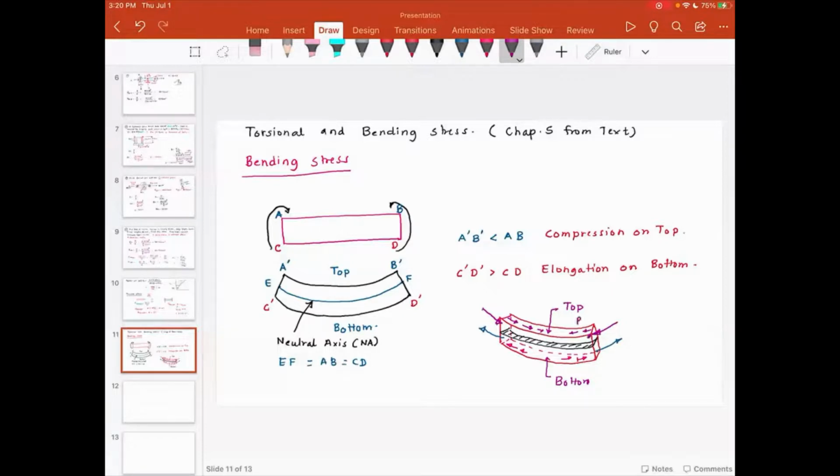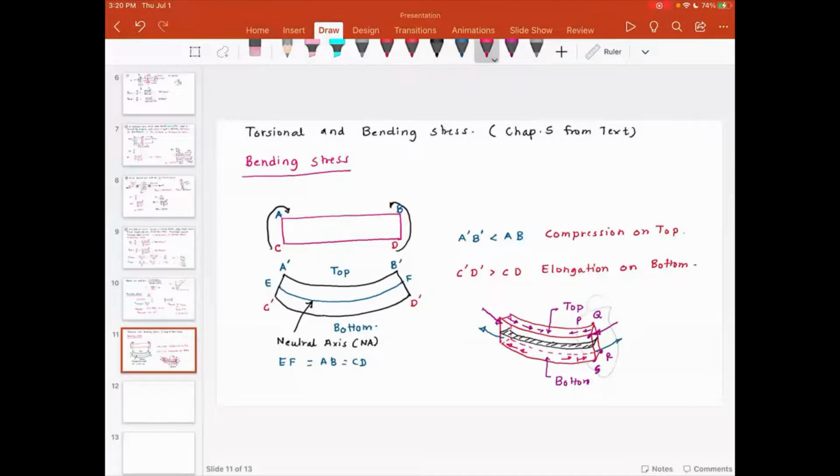So this is P, this is Q, this is R, and this is S. You will notice above the neutral axis, this cross section is compressed, so there is compressive load, and below the neutral axis, this cross section is stretched, so there is tensile load.